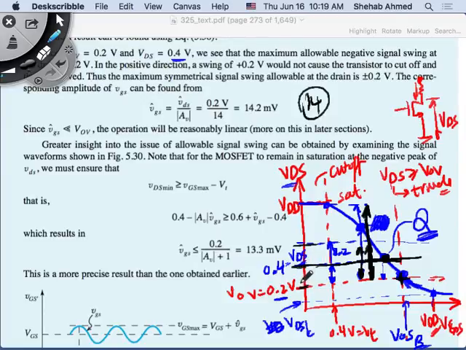So it will always be limited either by the operating point value and your overvoltage, or your operating point value and your supply. Because if you're close to here, you're limited by your supply on one side, and by the difference between operating point and overvoltage on the other side. These are the limits here.